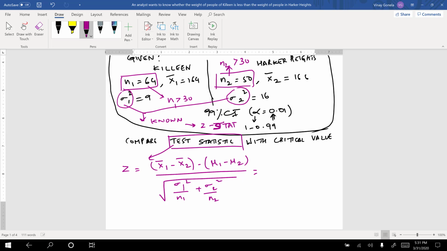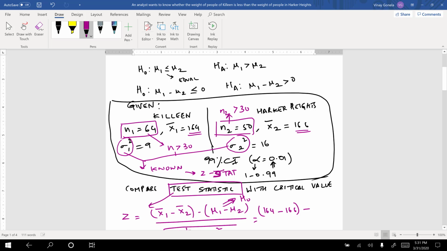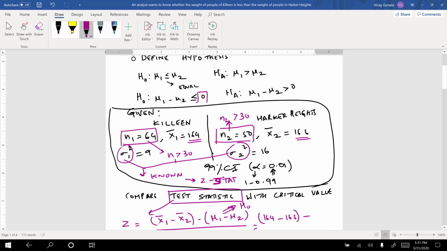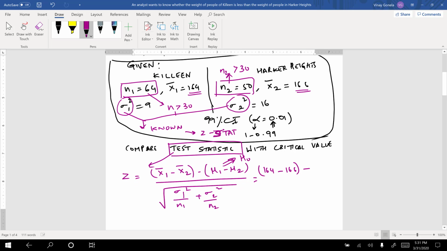So I will substitute these values. x1 bar is 164 minus x2 bar is 166 minus mu1 minus mu2, which will come from H null, so that is equivalent to 0, and then sigma 1 square is 9 divided by n1 is 64 plus sigma 2 square is 16 over n2 is 50.